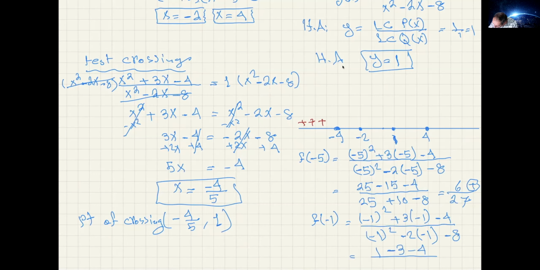On the bottom, I have 1 plus 2 minus 8. And I have here negative 7 plus 1 is negative 6, divided by negative 5.